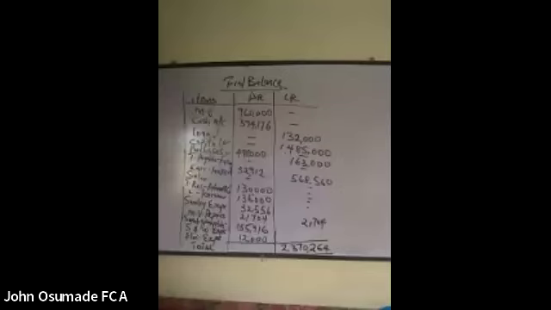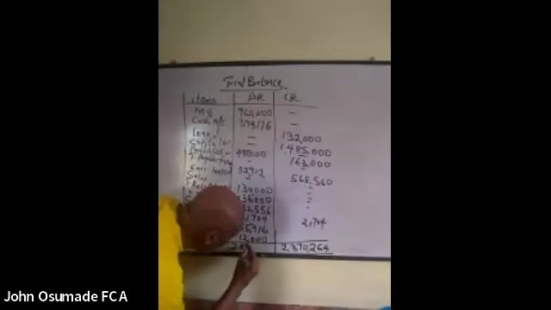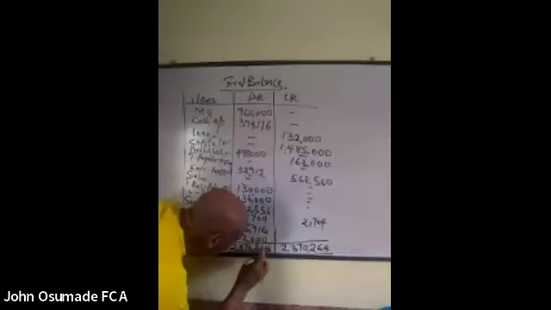Give me the debit side figure. 2 million. Debit side figure: 2,373,264. 373,000. 264. 204. Yes. Why is it impossible?